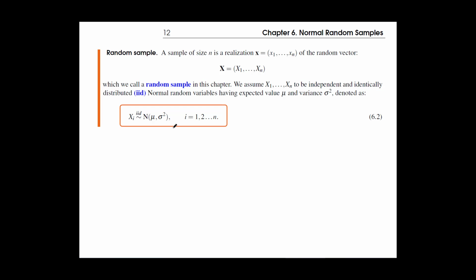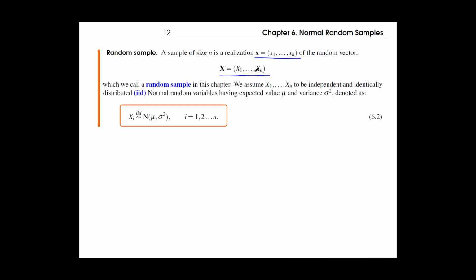All right, so the notation is going to be the same as we've been using the last couple of chapters. So the bold notation is the vector, right? So these are sample sizes. Now, recall the difference between uppercase and lowercase. A realization of a random sample would be lowercase numbers, because lowercase are realizations.